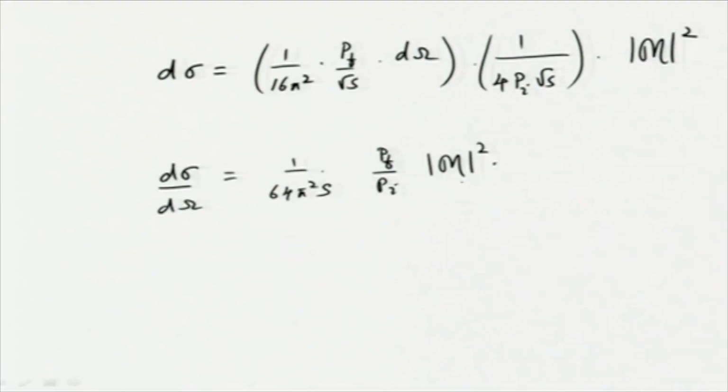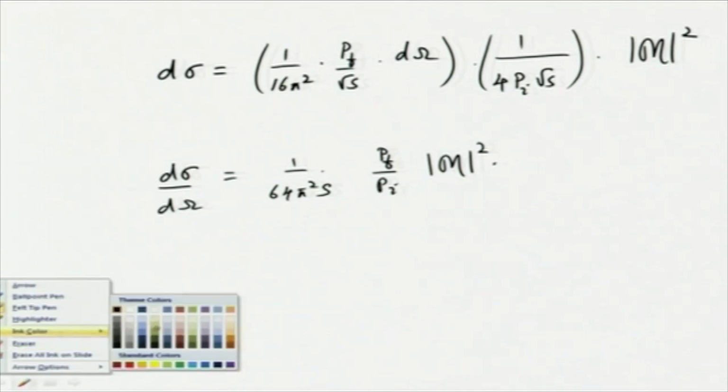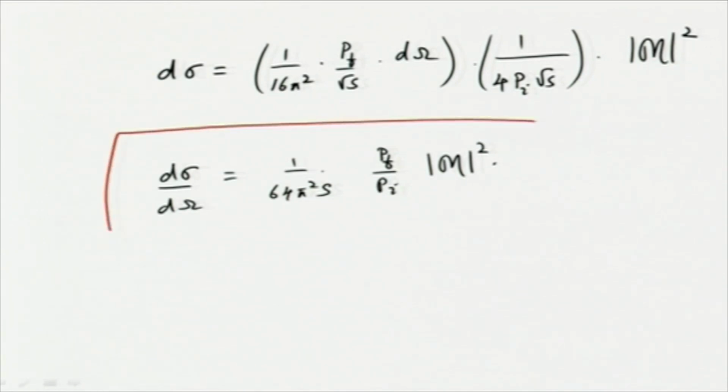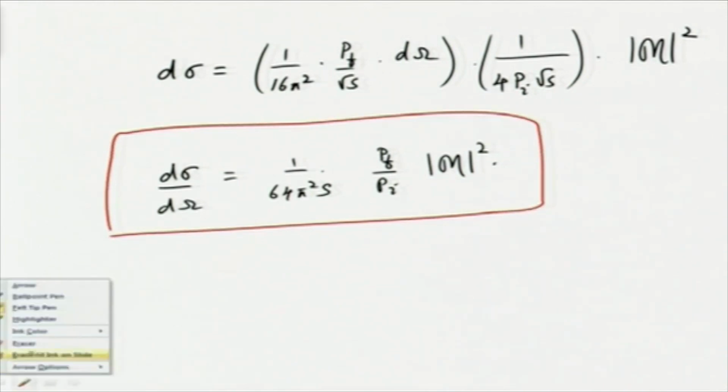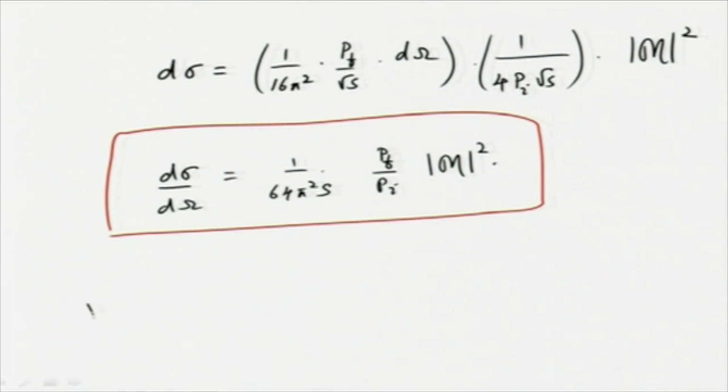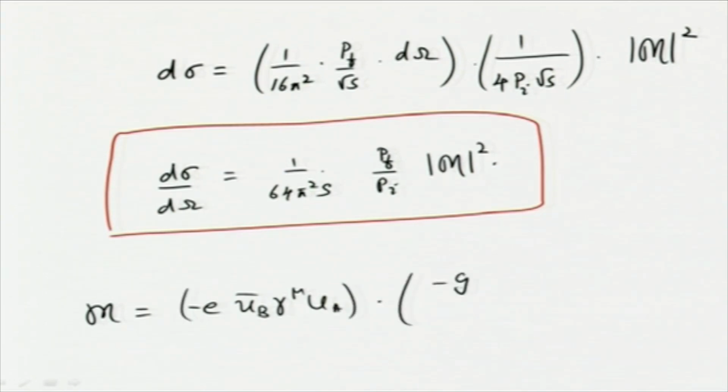So, this is the differential cross section, and we will remember this, we will come back to this, but now we will give our attention to the |M|^2, where M we had written as minus e u_b bar gamma mu u_a for the first current, minus g_mu nu over q squared, which is the propagator factor, and then the second current u_d bar gamma nu u_c.